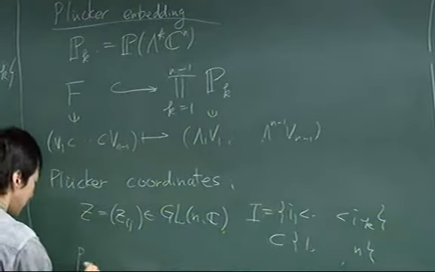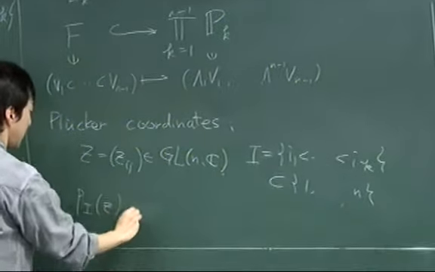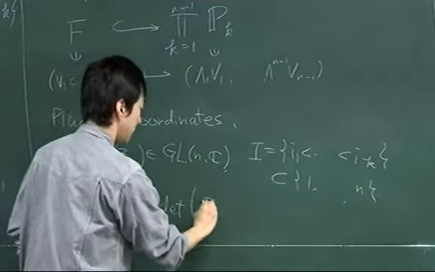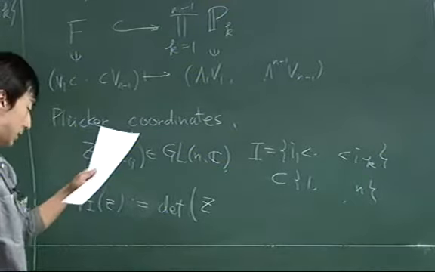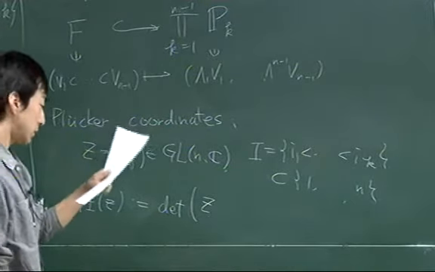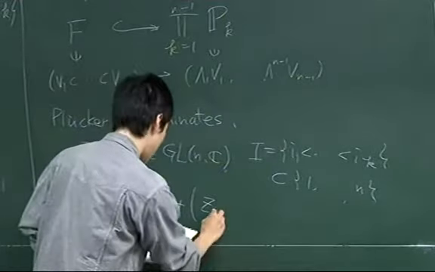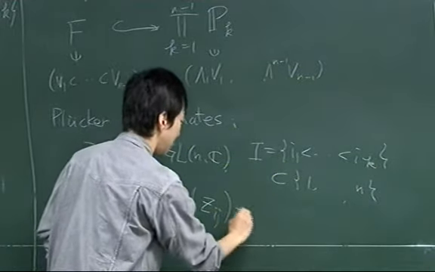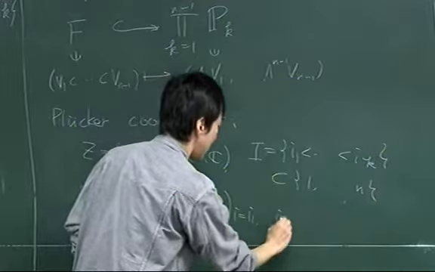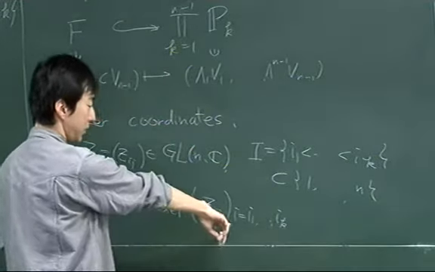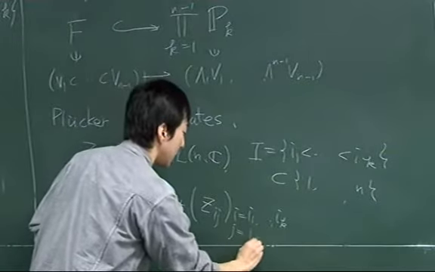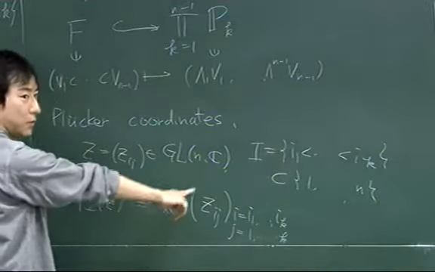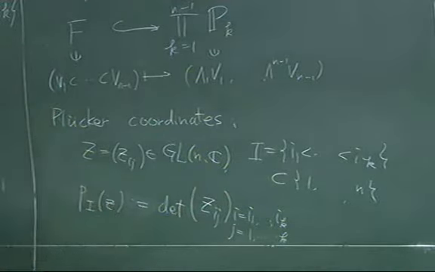Then we define P_I(Z) to be the determinant of the submatrix of Z given by rows I_1 to I_k and columns 1 to k. We take this k by k small matrix, then take its determinant. This is the definition of P_I.